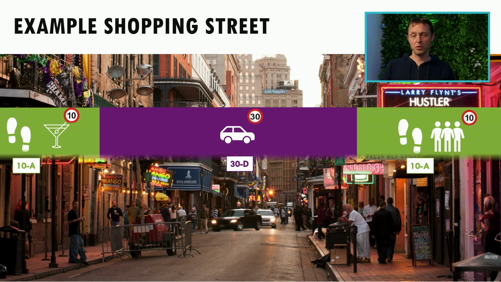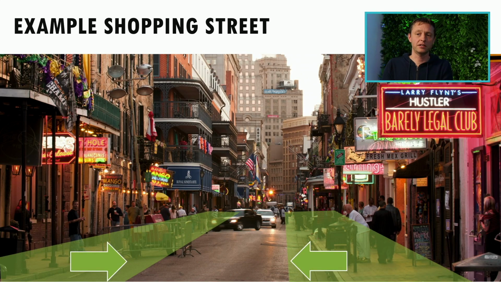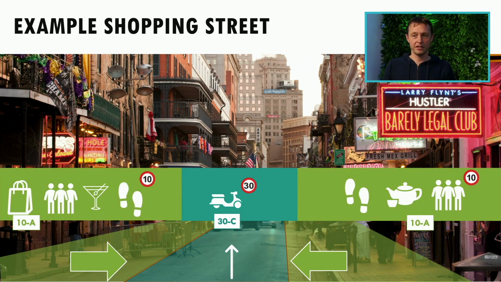For example, we can make the sidewalks bigger and the street smaller, make it into a different design, so the 30D becomes a 30C. And maybe also change the asphalt into pavement to make it look like a 30 street. The good thing is, by doing that, we also create extra space for the pedestrians.